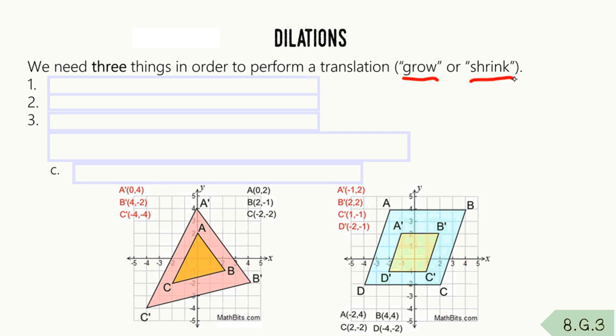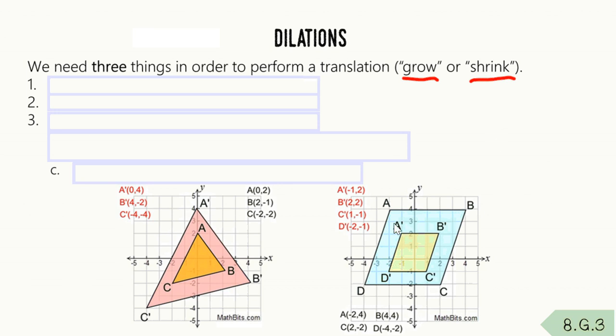And I've got some examples down here at the bottom. I can see in this first one, my original shape, my pre-image triangle ABC, is growing into triangle A prime, B prime, C prime. So that is a dilation. And that's kind of the one that most people think of with a dilation. We think of something growing. But a dilation is also when something shrinks.